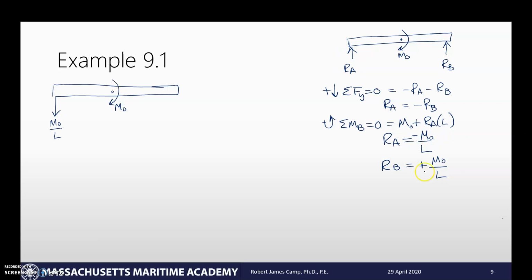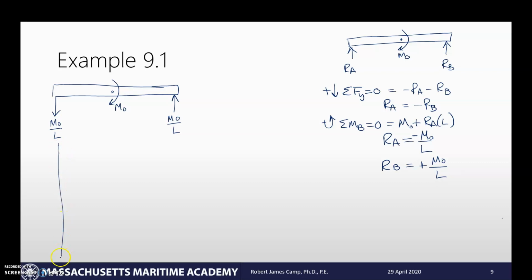And then this guy is positive, so it's going up, MO over L. So once again, since this was negative, it told me that I drew this initially in the wrong direction, so I just flipped it the other way. So there's step one.